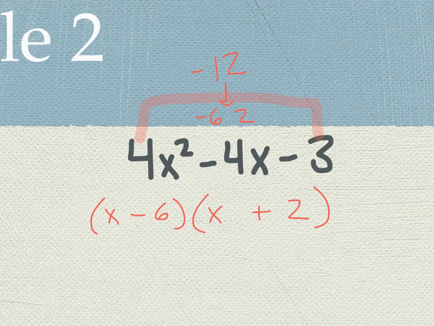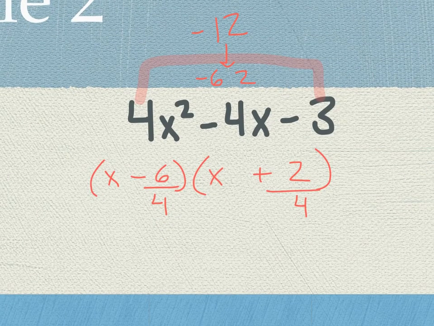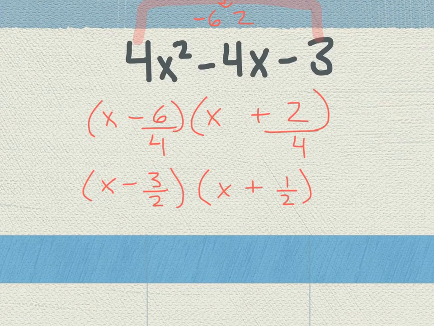What do we need to do next? We divide the numbers by 4. So can we simplify -6 over 4? What does that simplify to? 3 over 2. And then can we simplify 2 over 4? 1/2. So now we take what's left on the bottom and bring it to the front.